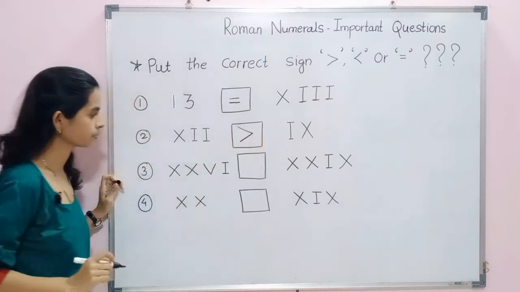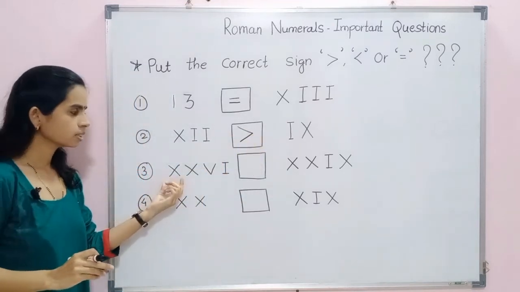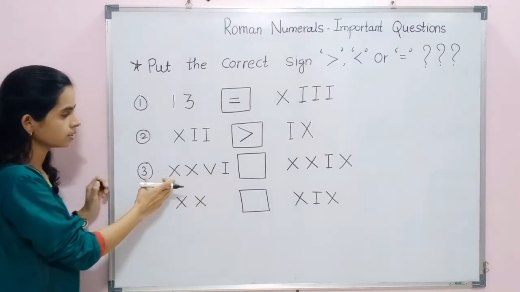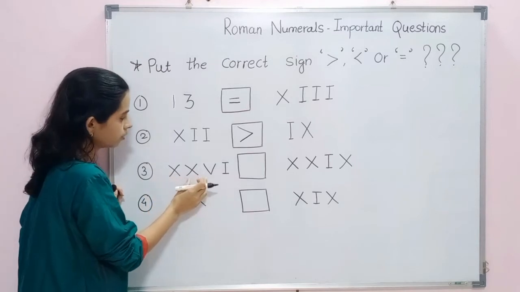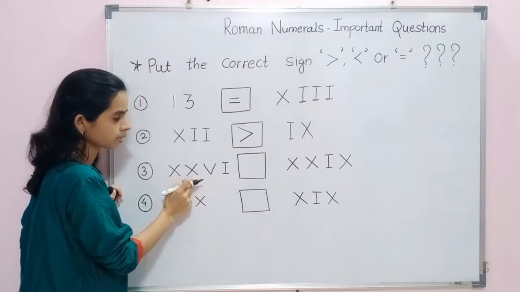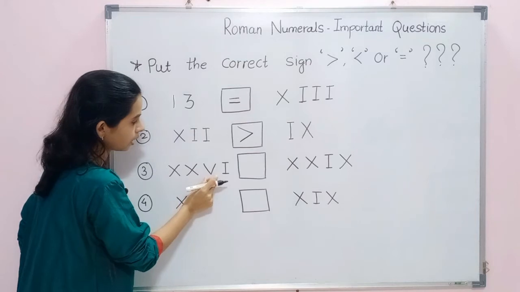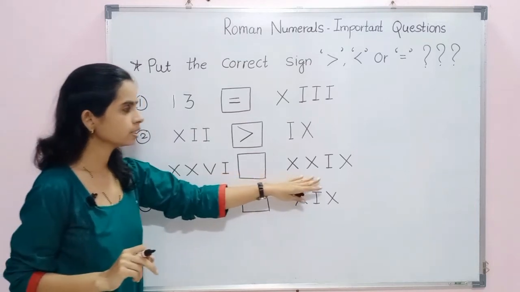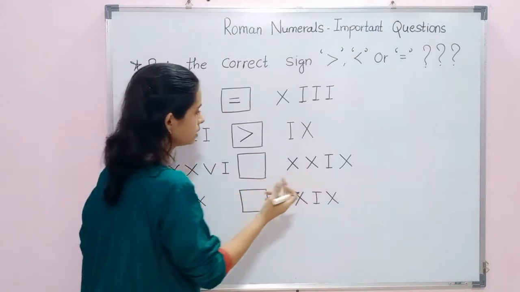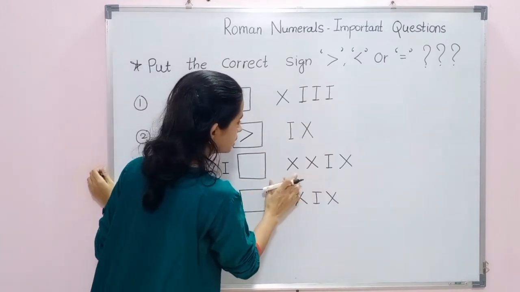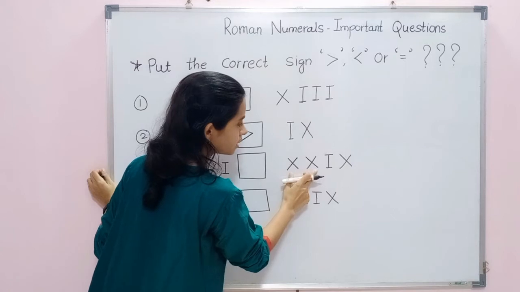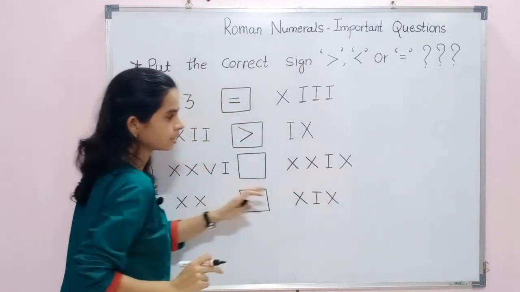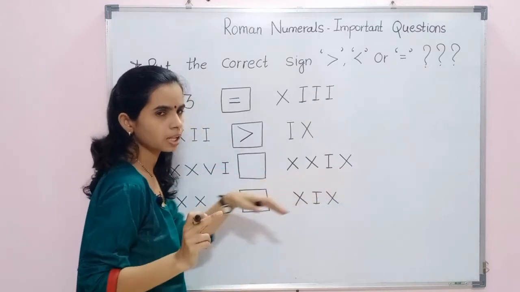greater than. The next symbol is XXVI. Here this symbol represents the value X plus X, means 20, and VI means 6, so 26. And this other symbol represents X plus X, 20, and one number less than 10, means 9.